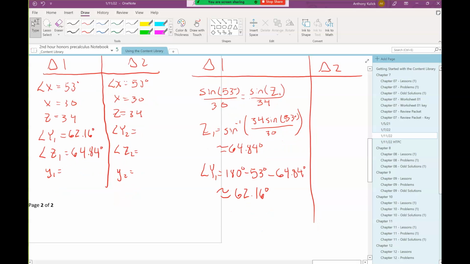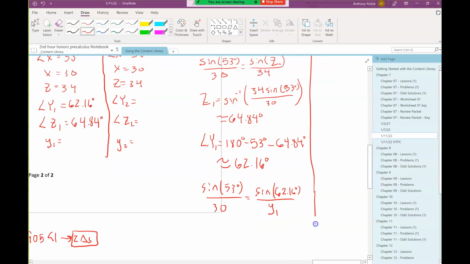Okay, and then the last step, I'm going to do the law of sines again. Now that I know angle Y, I can set up a law of sines to solve for side Y. And really, I mean angle Y1 and side Y1. But you guys got it, right? Since we're working in triangle 1.